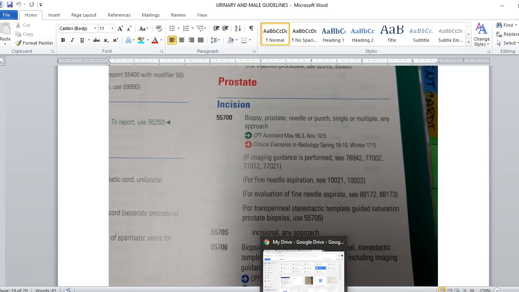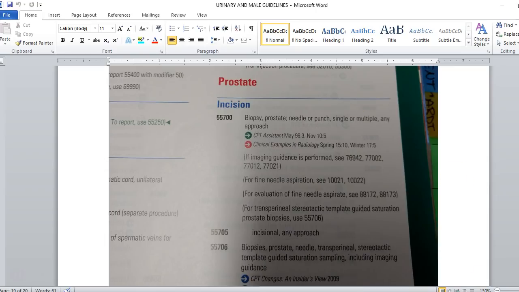Okay, there's one last thing I want to say before we end. The other thing that you will see on page 367 is our intersex surgery. We have two intersex surgery codes. We have intersex surgery male to female and female to male, but this is just the genital surgery. So keep that in mind.